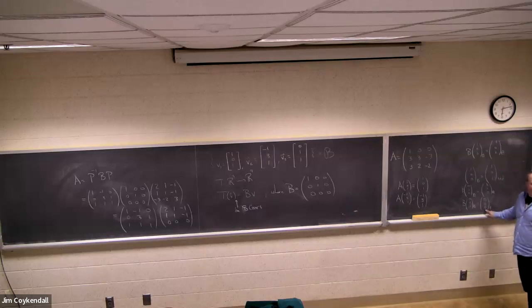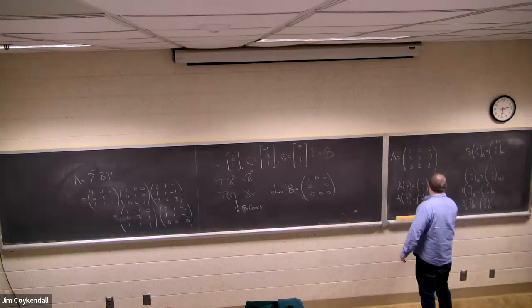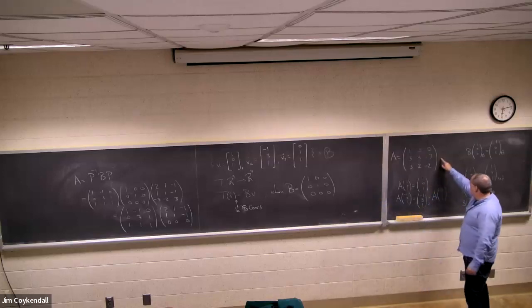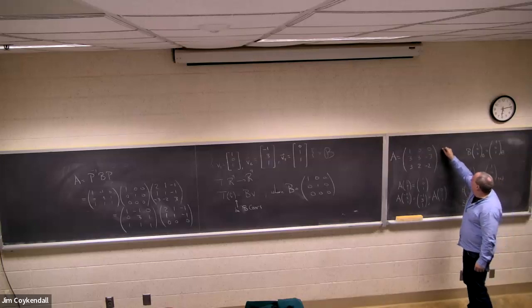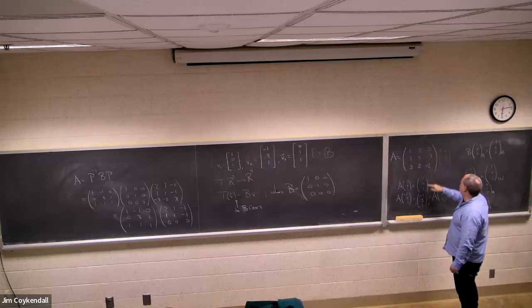Well, in any coordinate system, the zero vector is a zero vector, right? But what is 0, 0, 1 in B coordinates? It is whatever the last one is, 0, 1, 1. And notice it's easy to see when you multiply this by 0, 1, 1. Basically, what you're doing is you're just adding these two entries, so you get the zero vector.